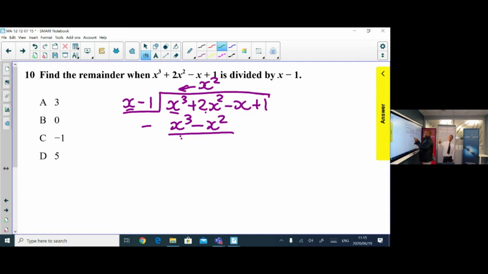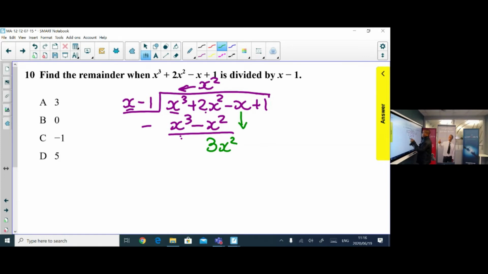So be careful of the two minuses in this, which will give you 3x squared, because eventually you're adding because of the minus. Then what you do at this stage, you bring down this minus x.